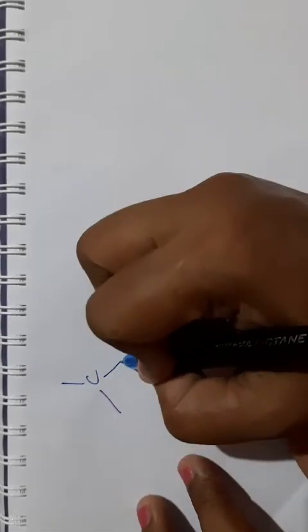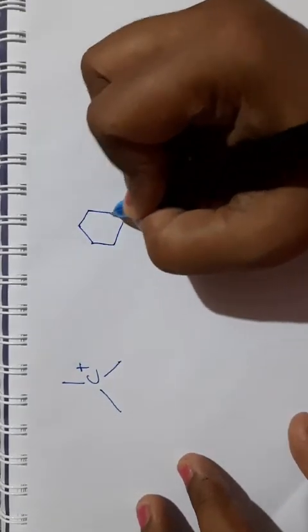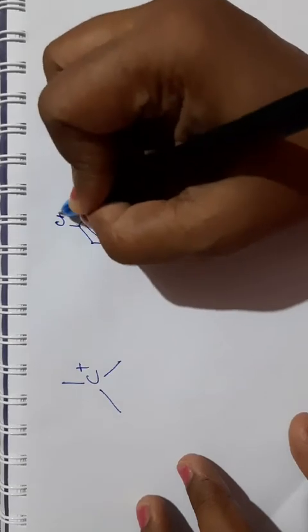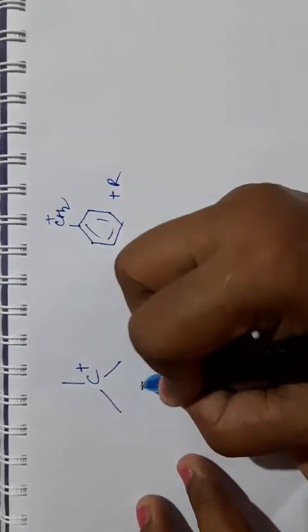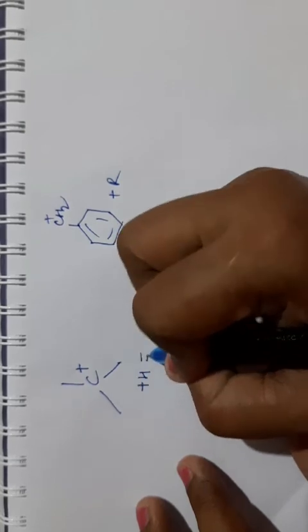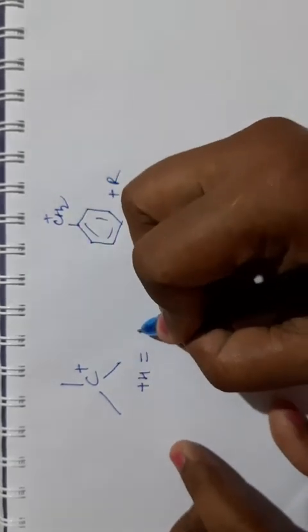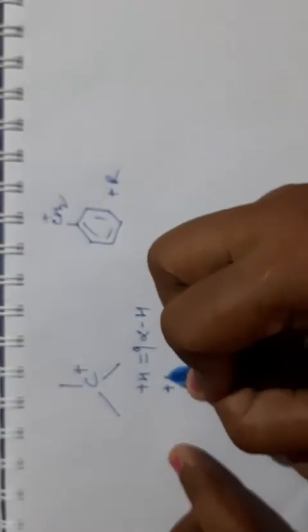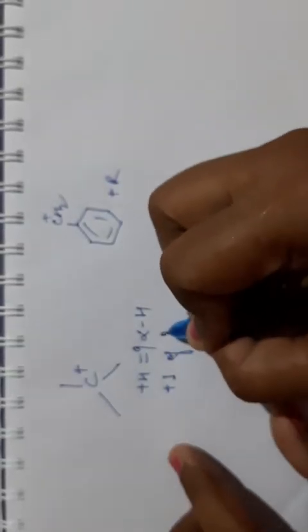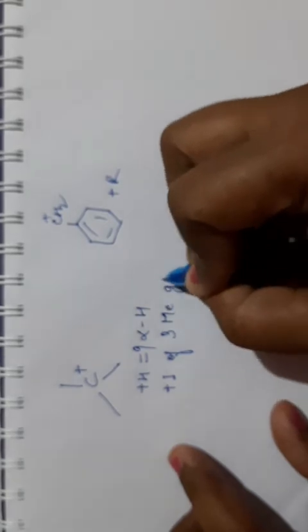Coming to the last important point, if you have a tertiary butyl group and you have a benzyl carbocation, there is resonance here, but there is hyperconjugation plus H, hyperconjugative structure, alpha hydrogens are 9 here, 9 alpha hydrogens, and plus I effect of 3 methyl groups. Clear?